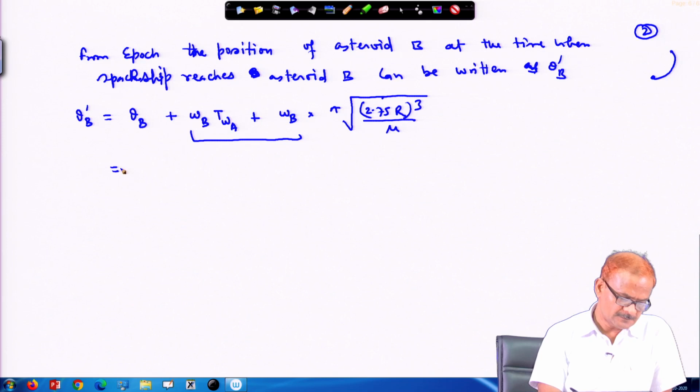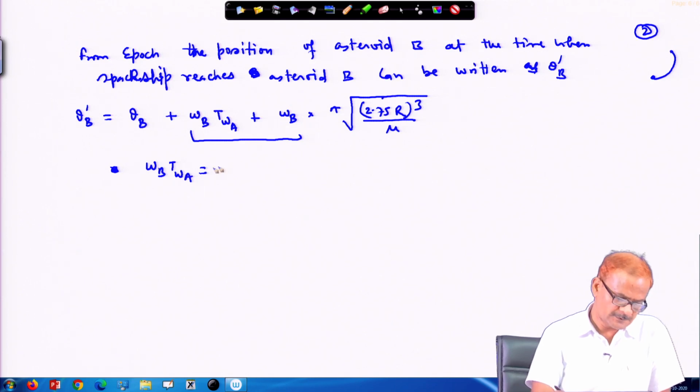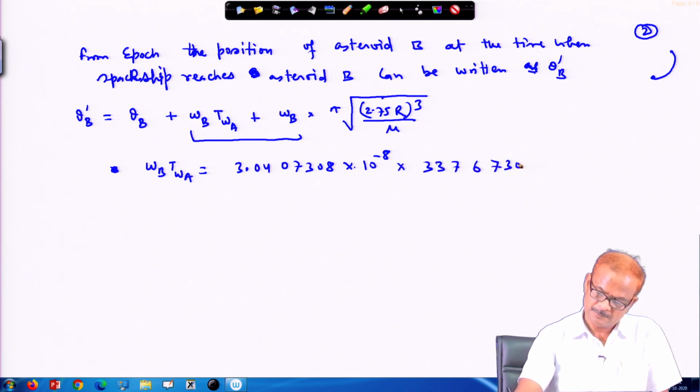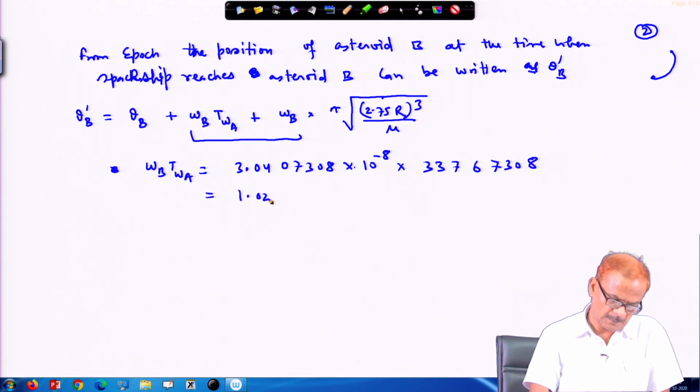Inserting all the values, now omega B times T W A we have to first determine 0.4 29 radian.